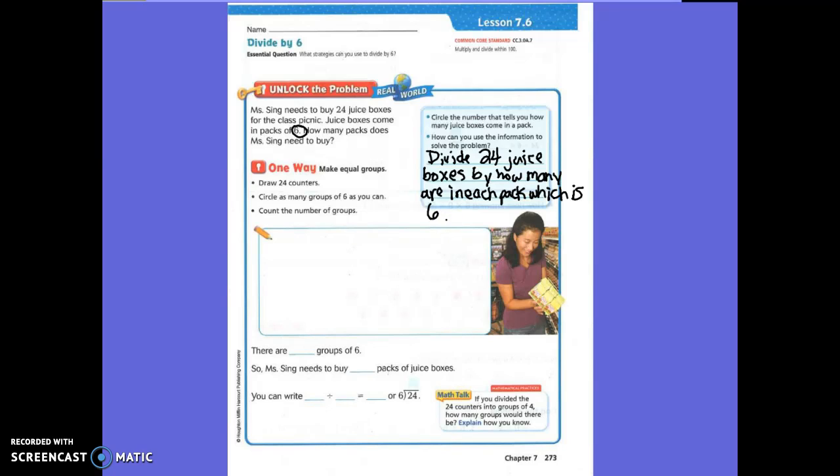Okay, like what it said, we could do an array, or their way is to make equal groups. So it says to draw 24 counters. Do so, please.